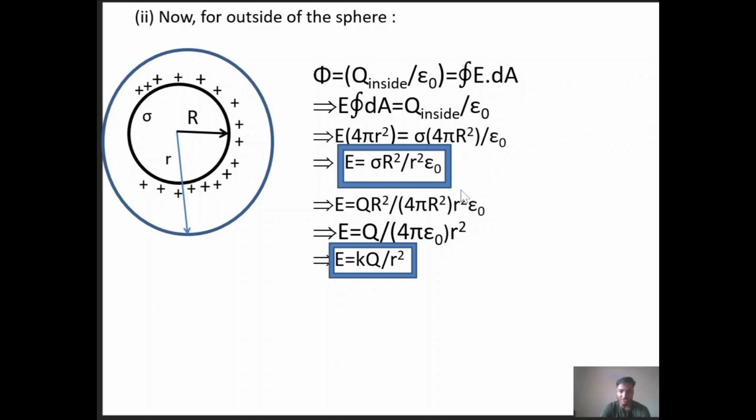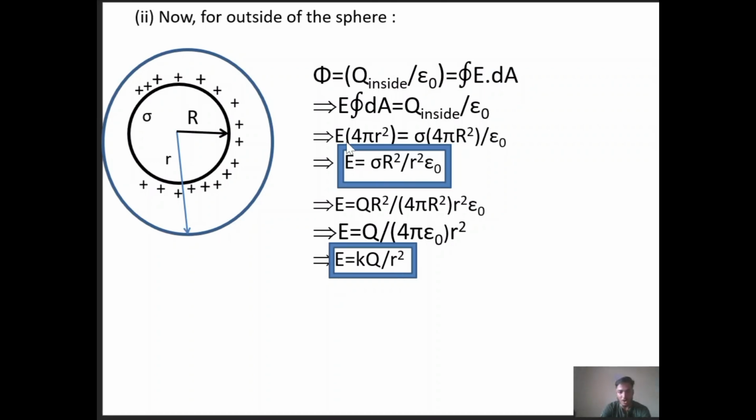This will be the formula that we will be using for solid conducting, hollow conducting and hollow non-conducting spheres for finding the electric field at a point which is at a distance small r from the center of the sphere and outside the sphere.